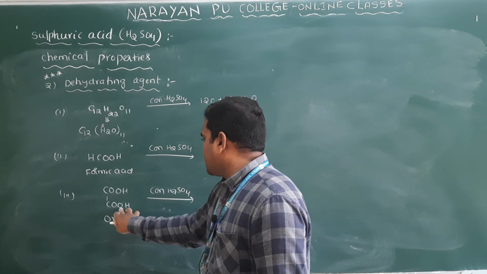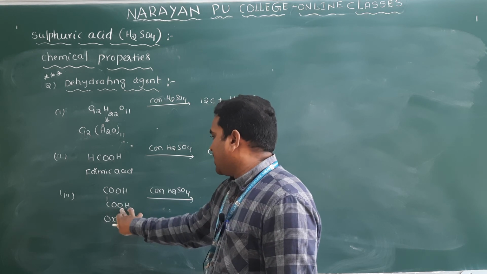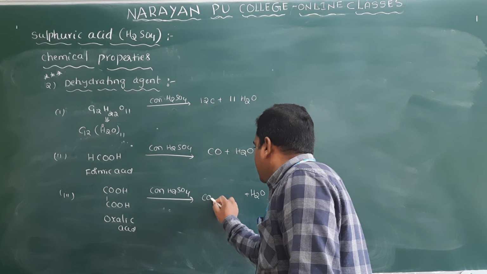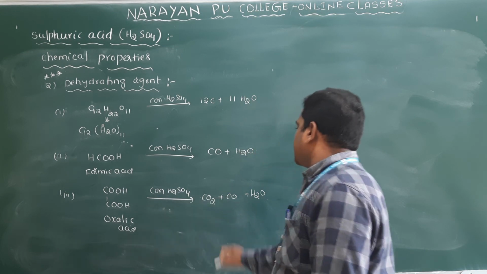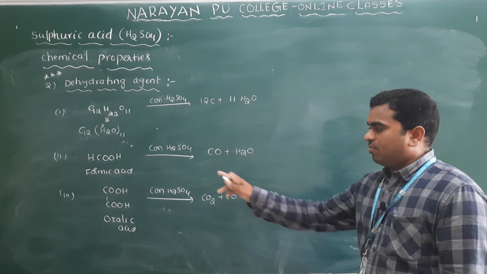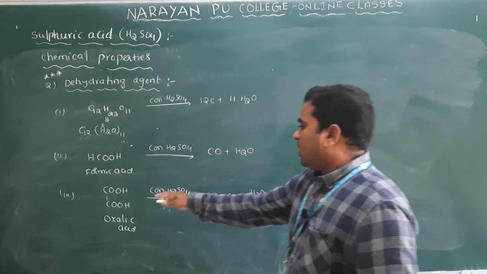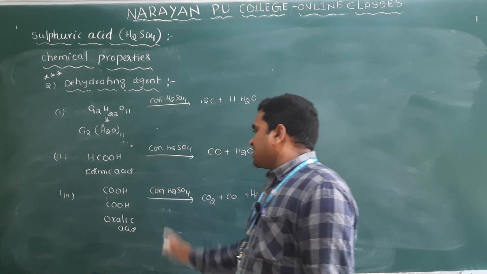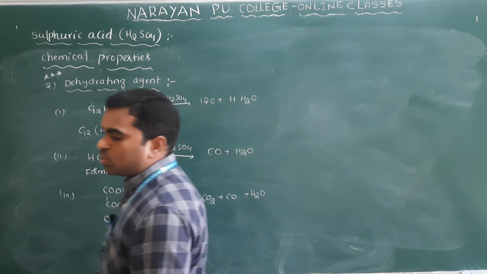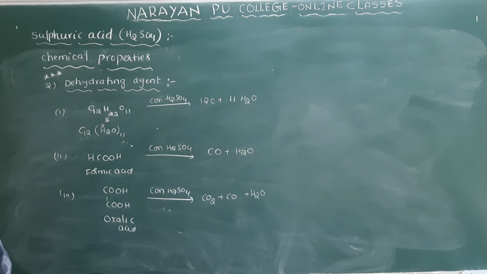H2O, 2H and O. Then here CO is there, and here CO2. So you will get carbon dioxide, carbon monoxide, plus water. When oxalic acid is treated with concentrated H2SO4, you will get CO2, carbon dioxide, plus CO. So this is about the dehydrating agent.